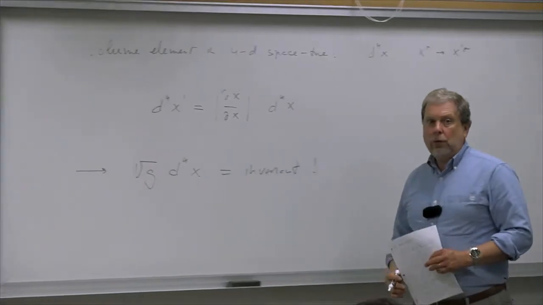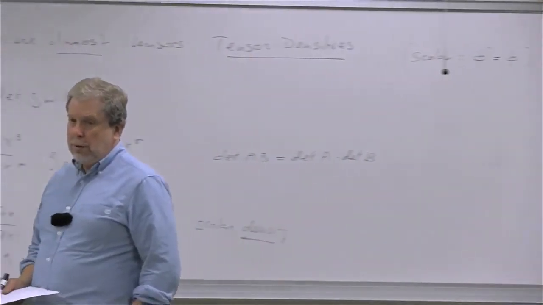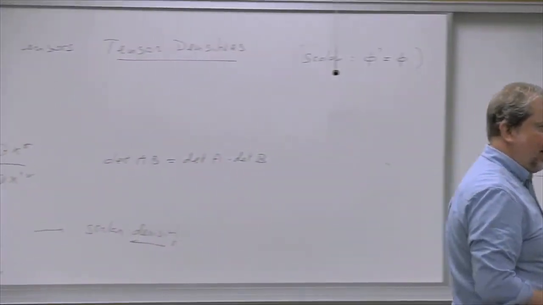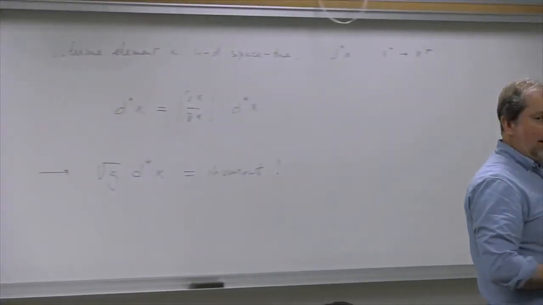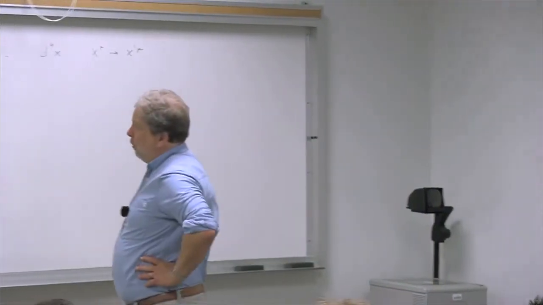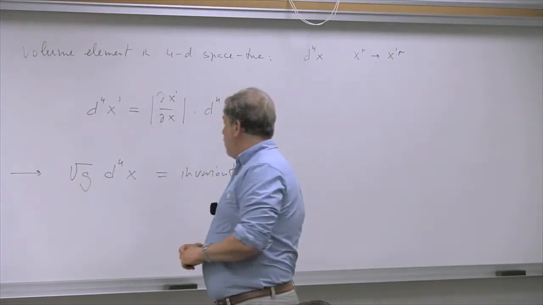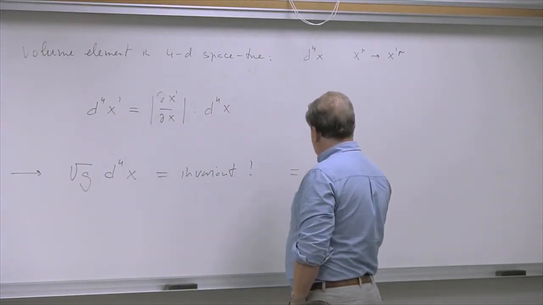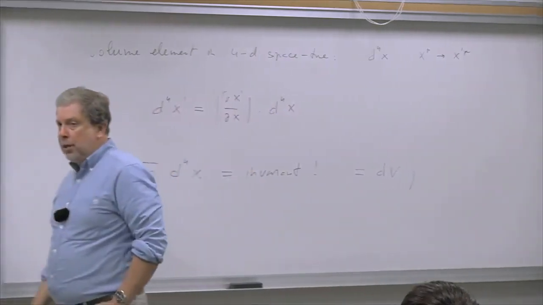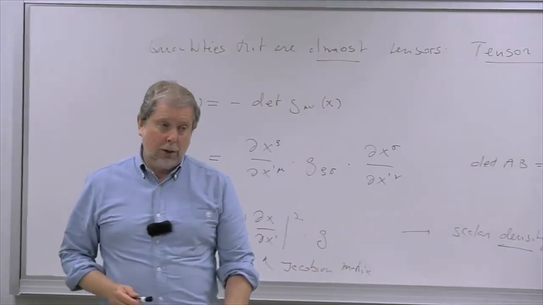So the exercise was useful because it allows us to determine that even though the determinant of the metric is not a scalar and the d4x is not a scalar either, if you take an appropriate product of the determinant of the metric times d4x, then that is invariant. So you can call this the volume element, right? The volume element in four-dimensional space-time has to have that determinant of the metric.